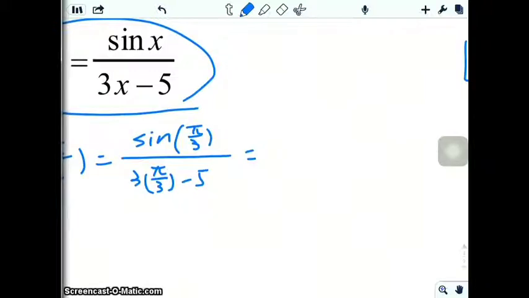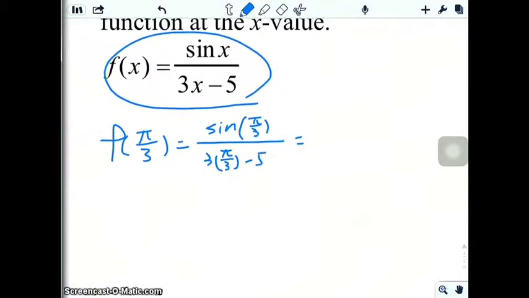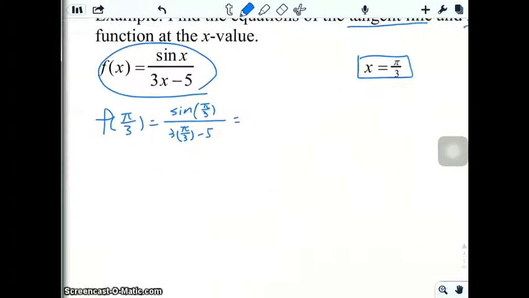Sine of pi over 3 equals square root of 3 over 2, and in the bottom the 3s cancel out, becoming pi minus 5.